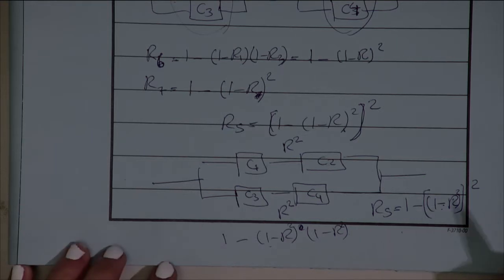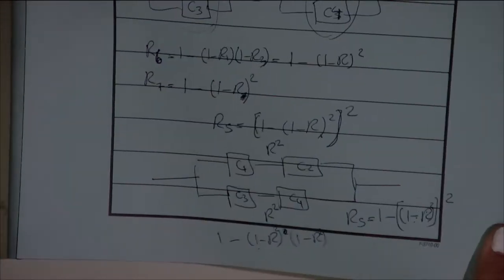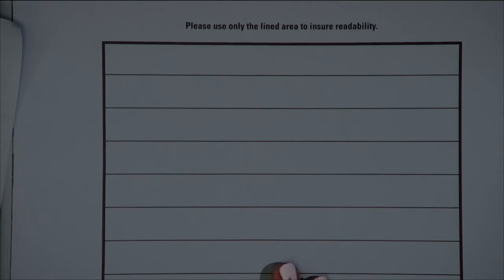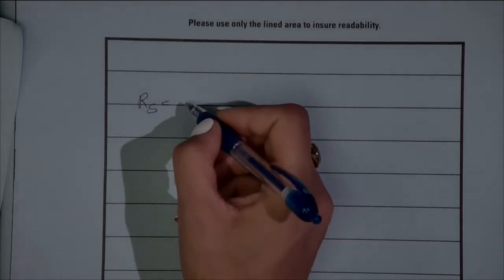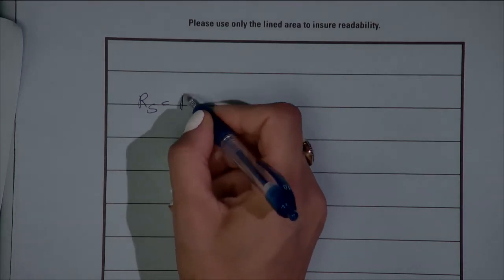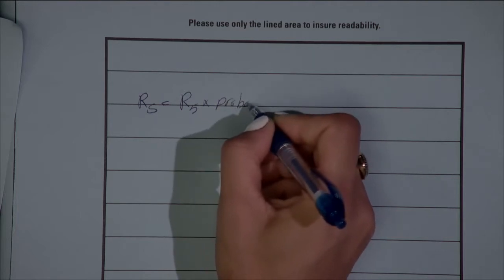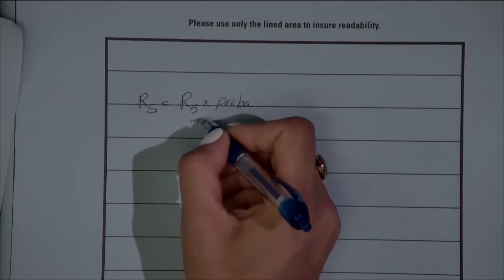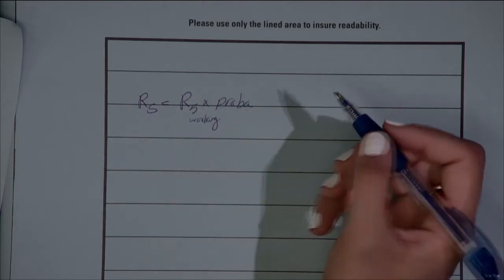I need this part, so I'm going to take it off and put it here. The final reliability for the system is going to be conditioned on the reliability of component 5. So basically you say R5, multiplied by the probability of R5 working. R5 shows the reliability of C5 working.